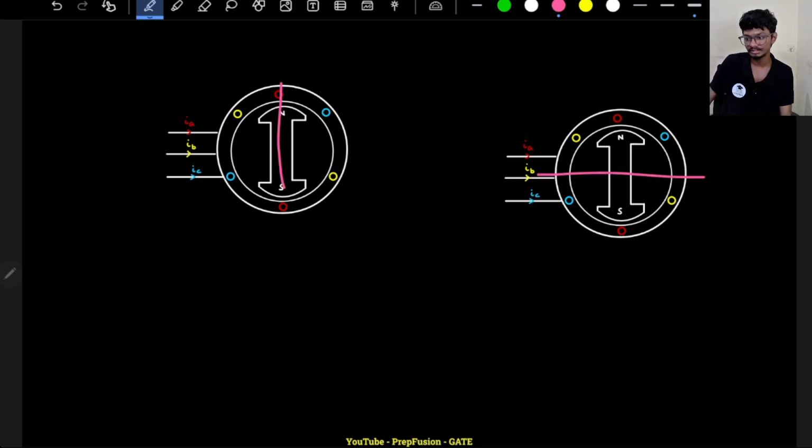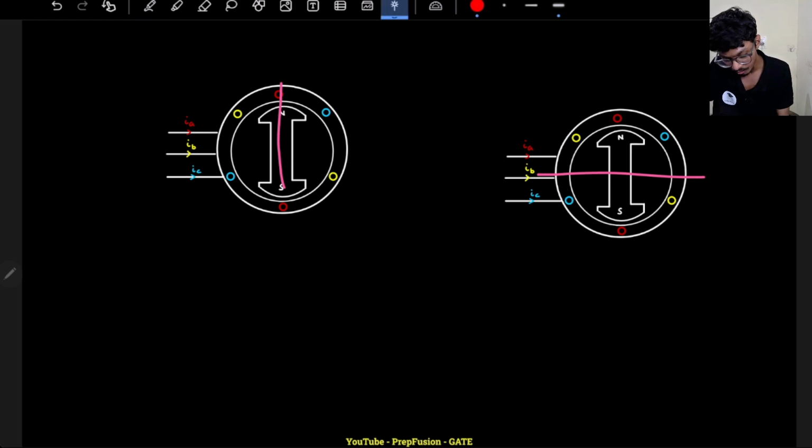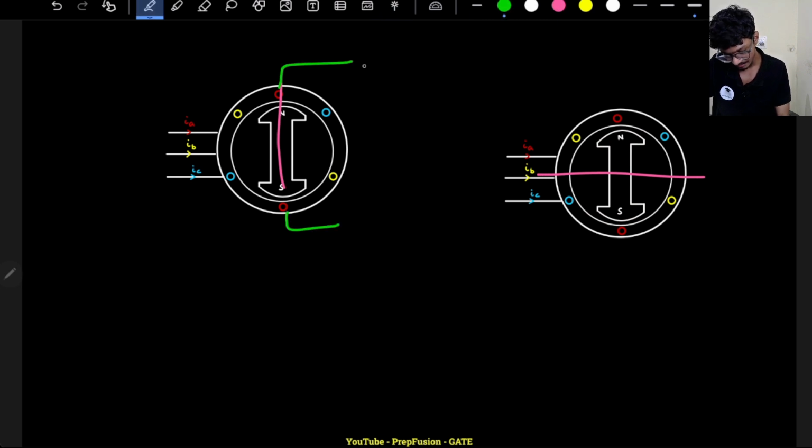Now, if I do one thing, that let's say I am not providing any rotor current, okay, and I am keeping the rotor stationary, or let's say I am moving the rotor by external means. If I am moving the rotor by external means, one thing is for sure, let's say I am measuring through the stator winding the current and the voltage.